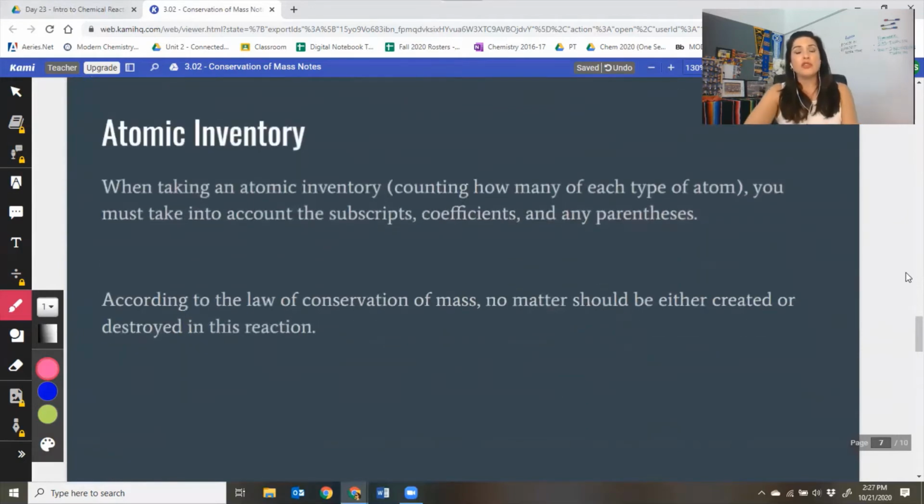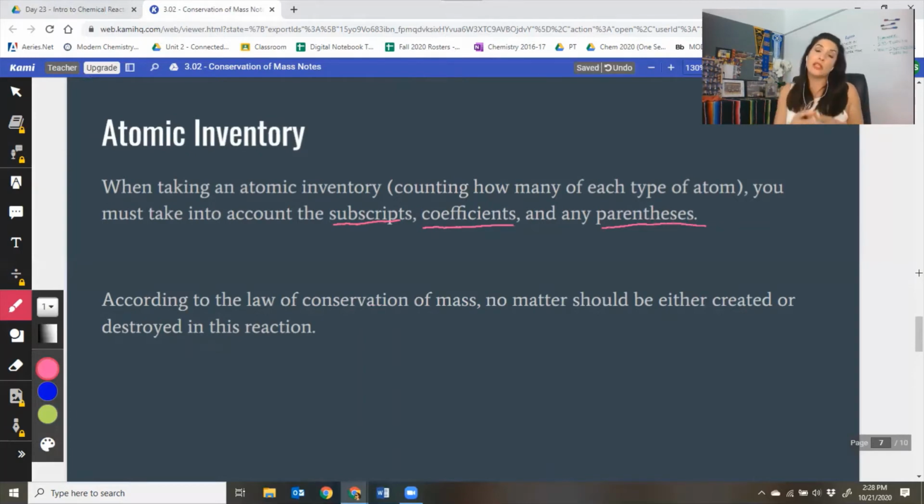So I suggest that students who are starting to learn conservation of mass and balancing chemical reactions begin the skill of taking an atomic inventory. And this is just a fancy way of saying count how many of each type of atom you have. We have to take into account the subscripts and the coefficients and any parentheses that may occur in the chemical formula.